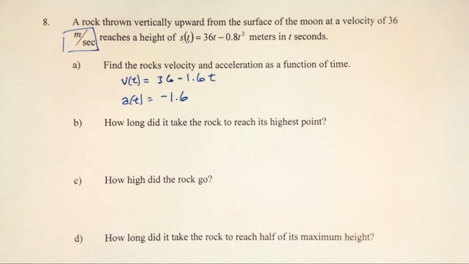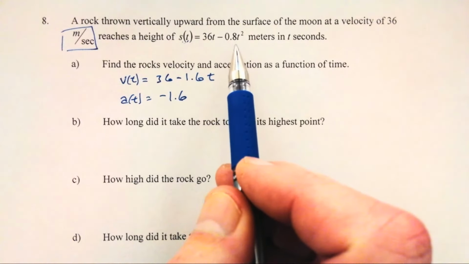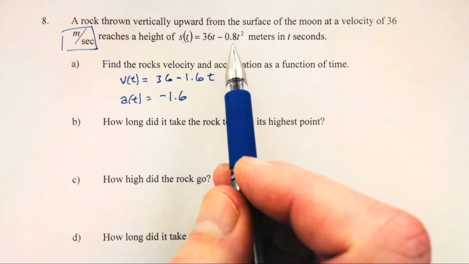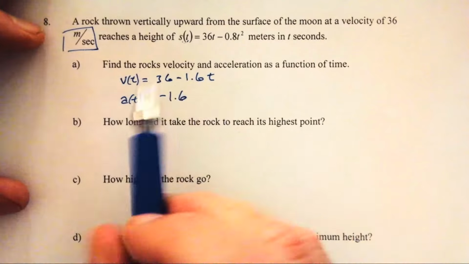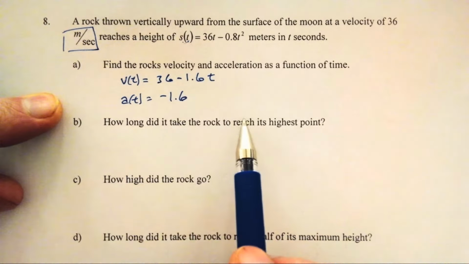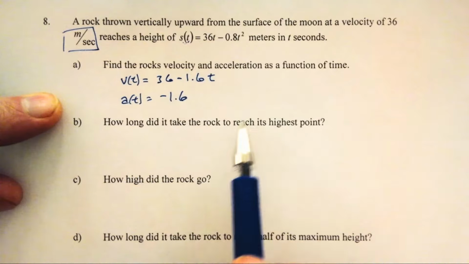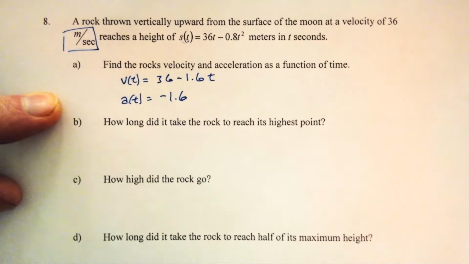Okay, how long did it take the rock to reach its highest point? Well, it reached its highest point at the vertex of this parabola. We could do this with Algebra 1 skills. We know this is an upside down parabola. We could do opposite b over 2a, and that's how long it took. We could also say if it was thrown up, it reaches a velocity of 0 at its highest point. So when is velocity 0?